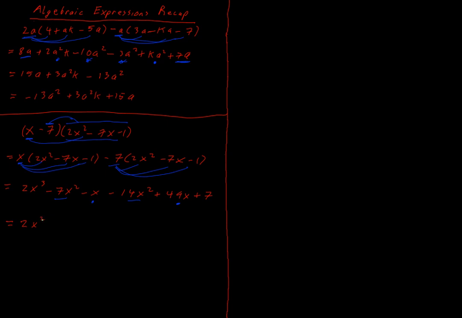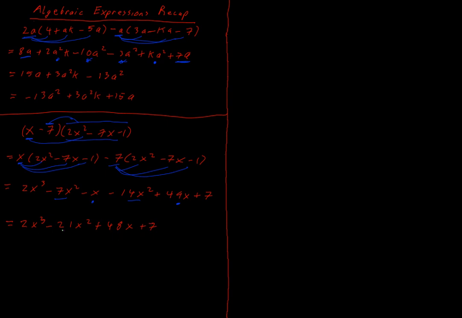So I have 2x cubed minus 21x squared plus 48x plus 7.